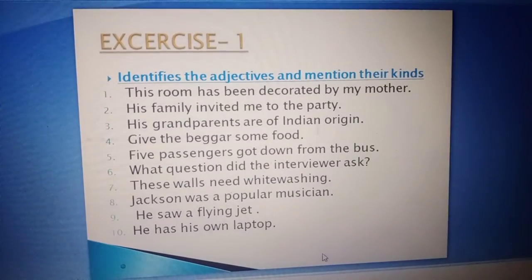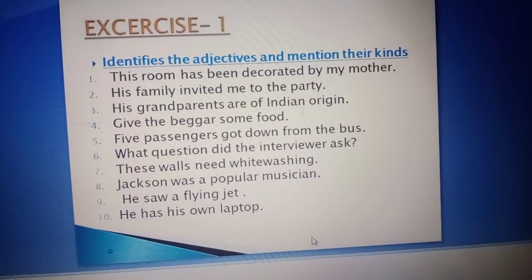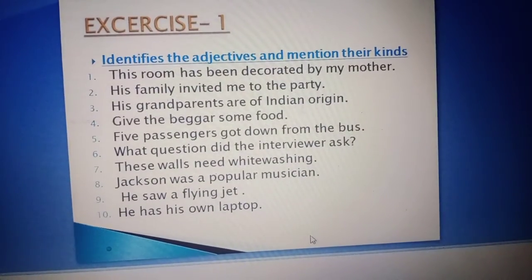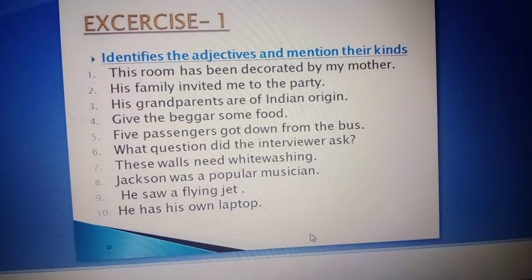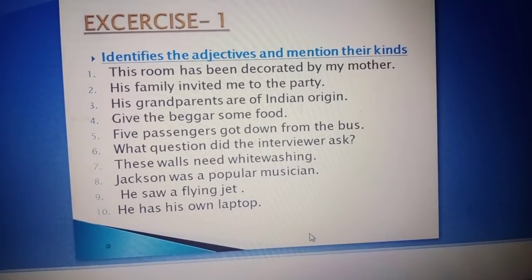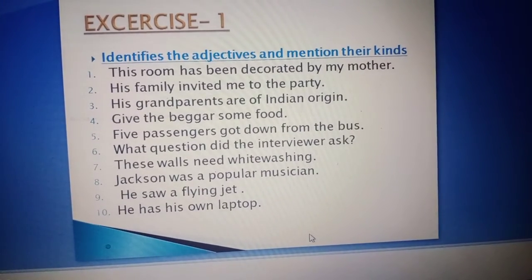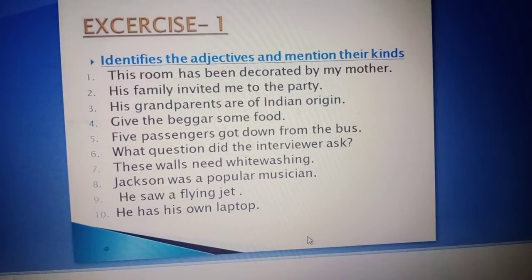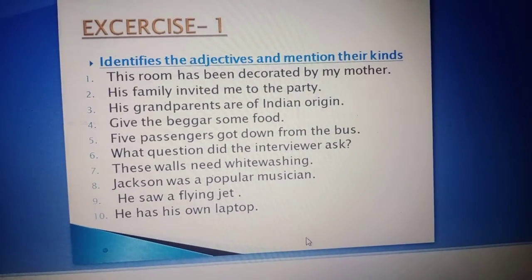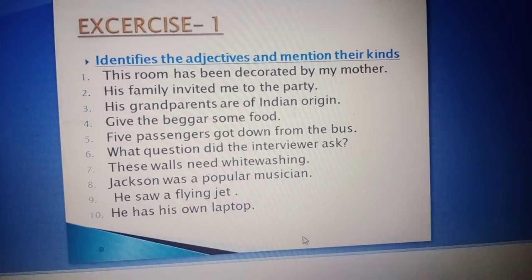Fifth, five passengers got down from the bus. What question did the interviewer ask? These walls need whitewashing. Jackson was a popular musician. He saw a flying jet. He has his own laptop.